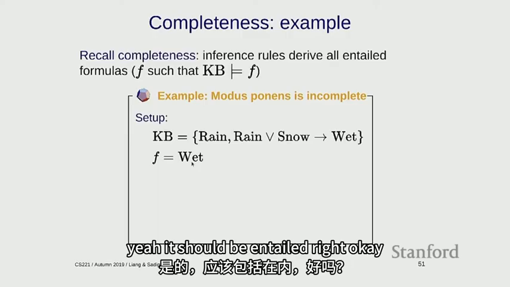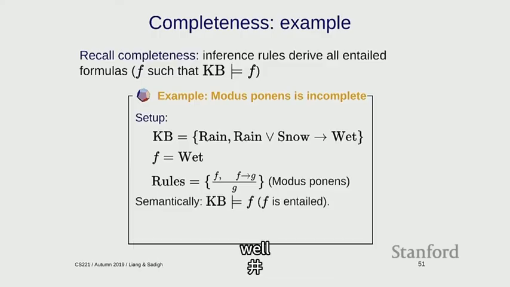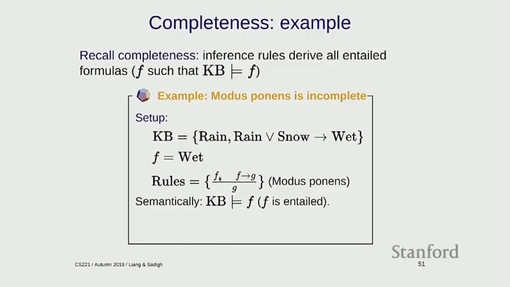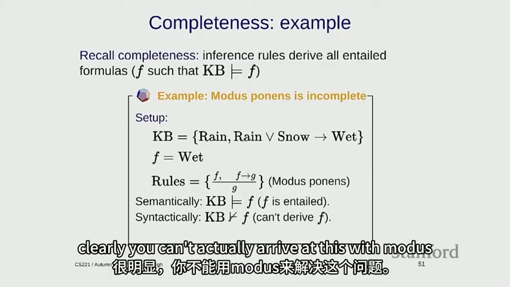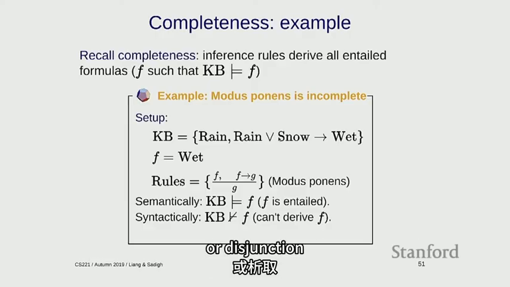Yeah, it should be entailed, right? Okay. But what does modus ponens do? Well, all the rules look like this. So clearly you can't actually arrive at this with modus ponens because modus ponens can't reason about disjunction.